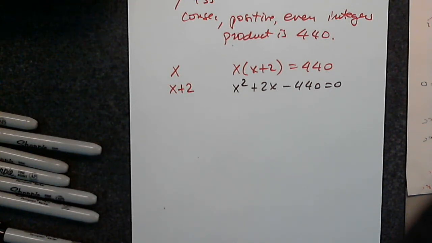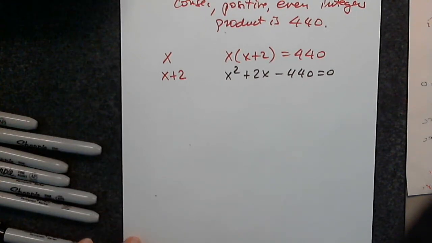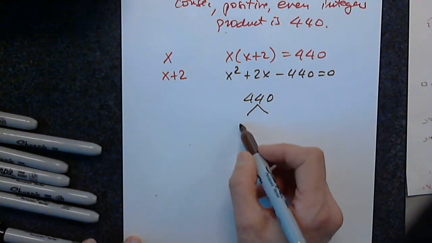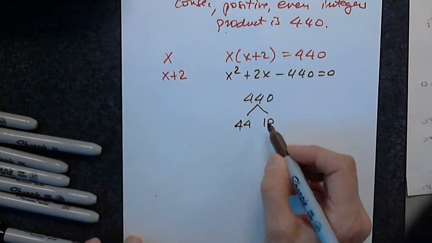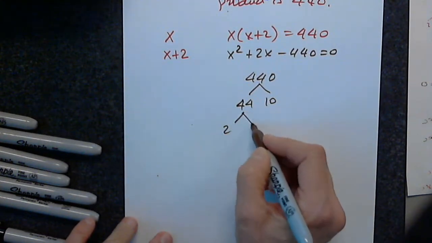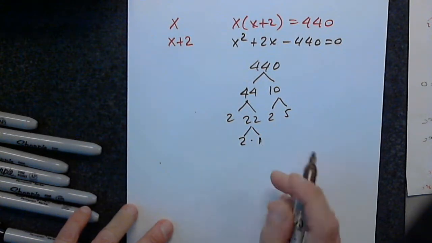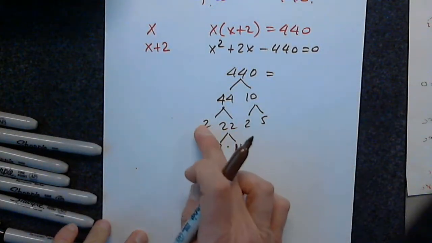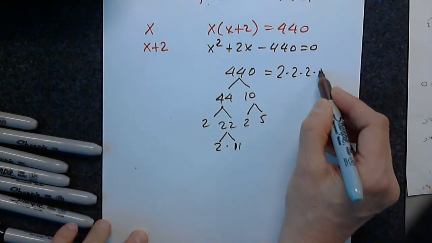Okay. Now, again, this is a big deal because of this 440. It messes me up, right? So 440 is, first of all, 44 times 10. Then 44 is 2 times 22, 10 is 2 times 5, and 22 is 2 times 11. And that's the prime factorization again: 2, 2, 2, 5, and 11.